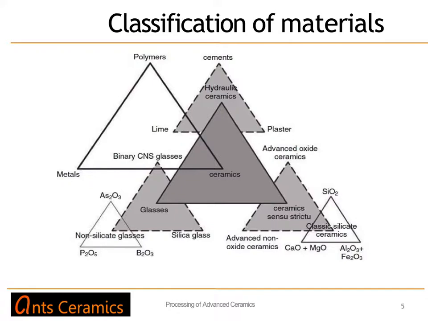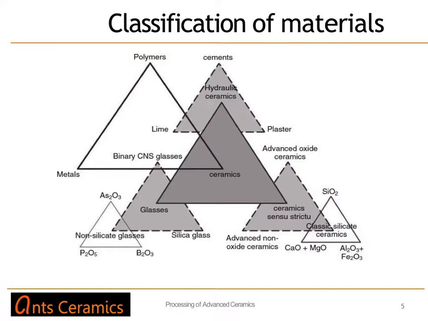Similarly, glasses can be divided into different categories like binary glasses, silicate based glasses, and non-silicate glasses. Non-silicate based glasses can be divided into many other categories depending on their constituents like B2O3, P2O5, or arsenic oxide.